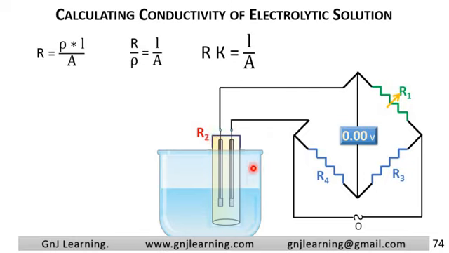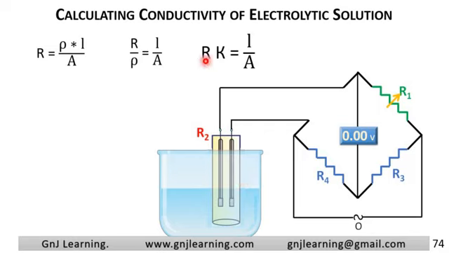I just have to replace the solution in this container and dip it. So I can use the conductivity cell for all types of solutions, and for that conductivity cell, L by A will be a constant.